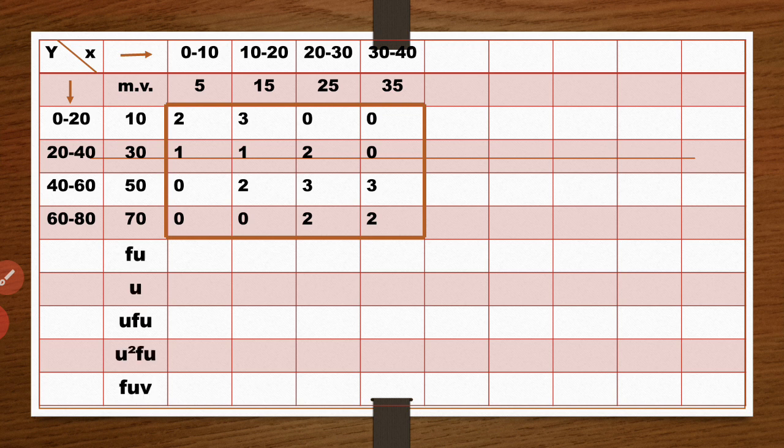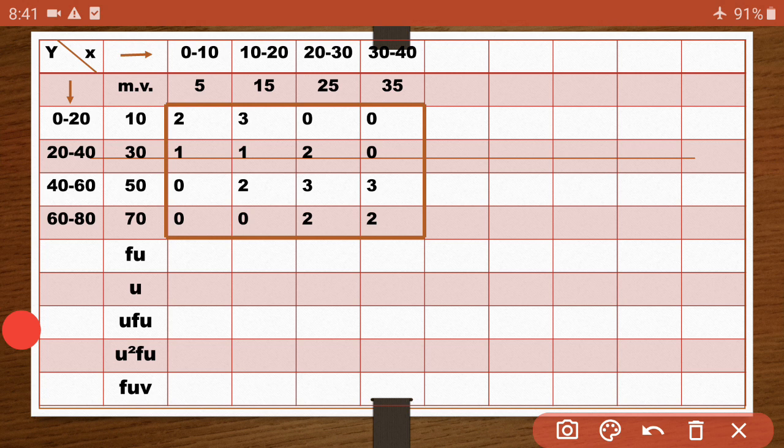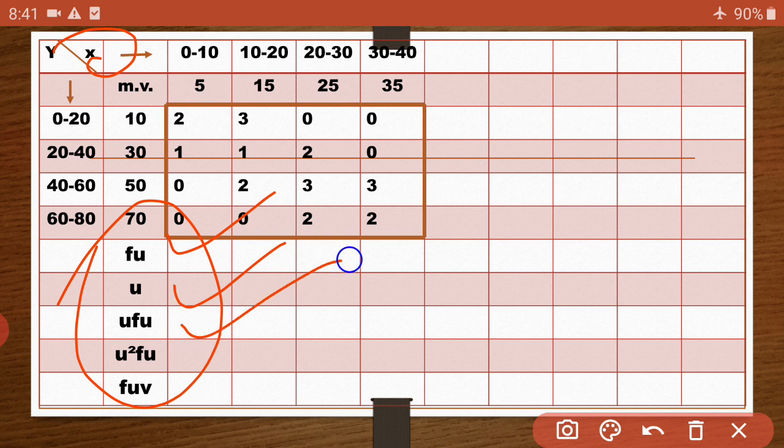Then you write the formulas for x. Here, where x is on top, you write the related information about x. First you write fu, then u, then ufu, then u square fu, then fuv. This is the same as in the correlation chapter.